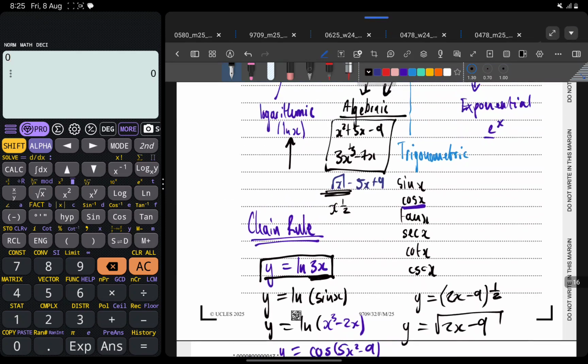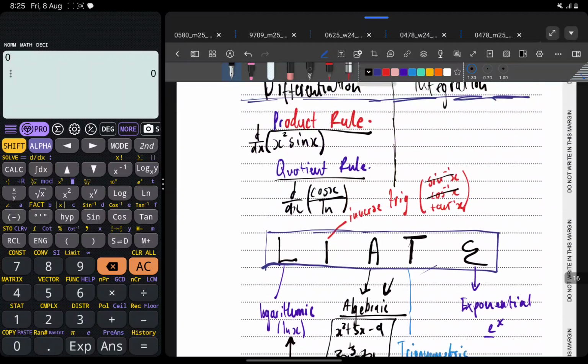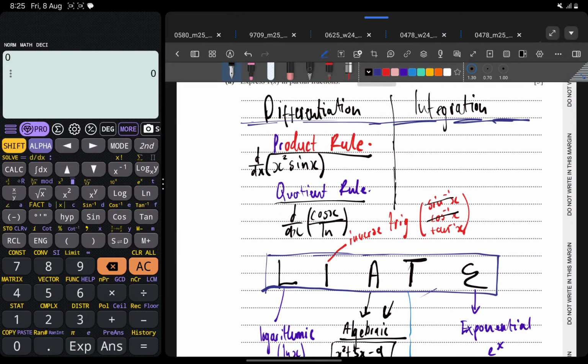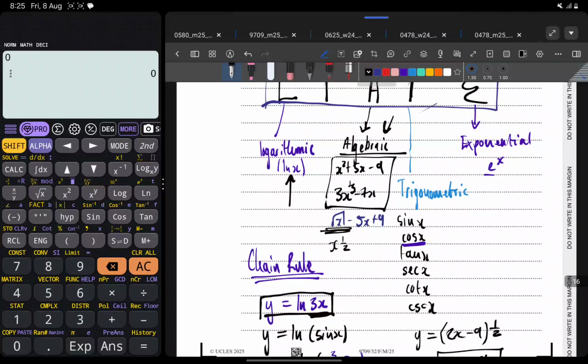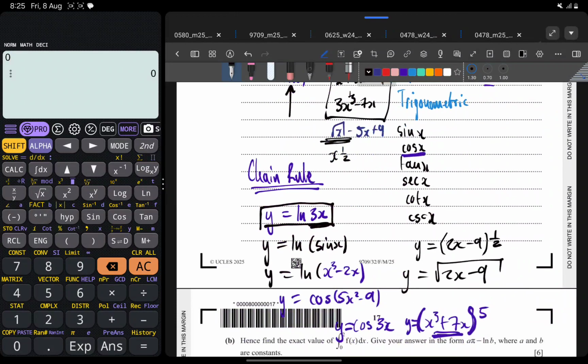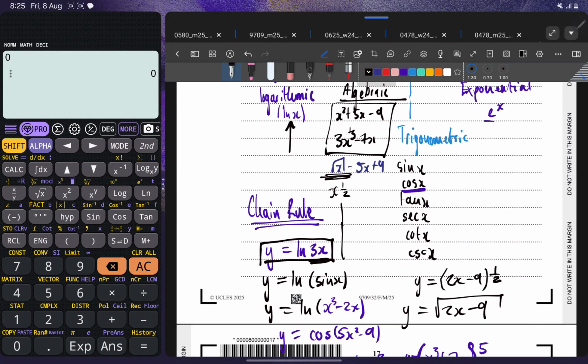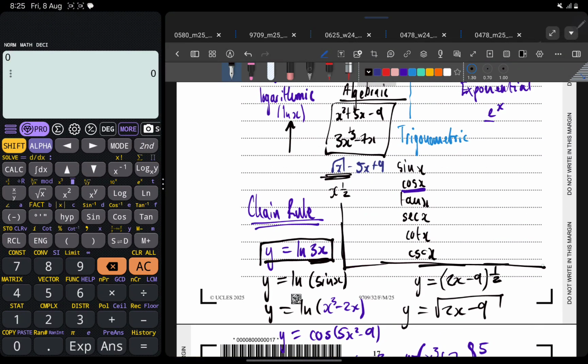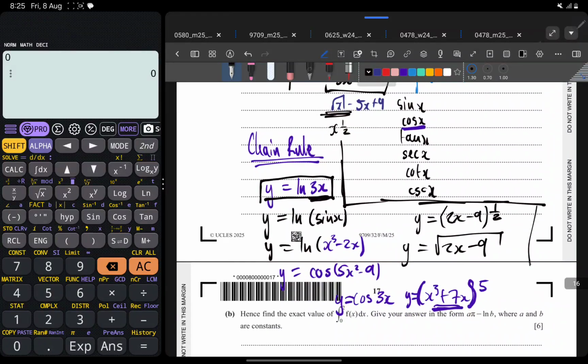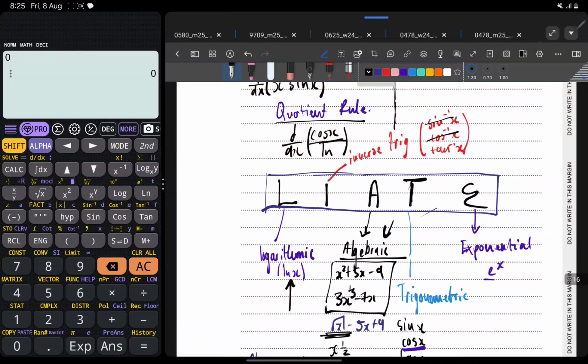So what have you seen? Ask me what I've been teaching you. Okay, let me tell you what I've been teaching you. I've been teaching you the product rule, quotient rule, chain rule, and where they now come in, because you're trying to have a picture of this whole differentiation and integration topic. First of all, we learned the types of functions, and we need to know how to differentiate them.